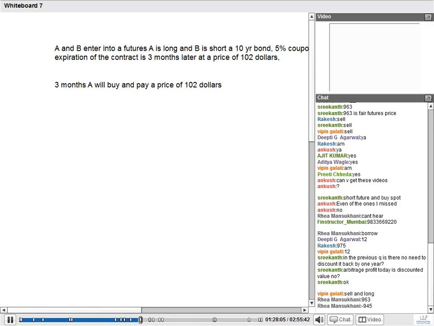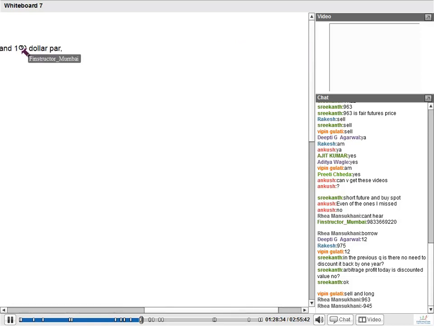So A has to buy and B has to deliver. Now let's say 3 months has passed and the time to delivery comes. So A has $102. Now B has to go in the market and source a bond which has exactly 10 years remaining to maturity, pays exactly a 5% coupon and has a par value of $100. So par value is not a problem, but he'll have to find a bond which has exactly 10 years to maturity and 5% coupon.